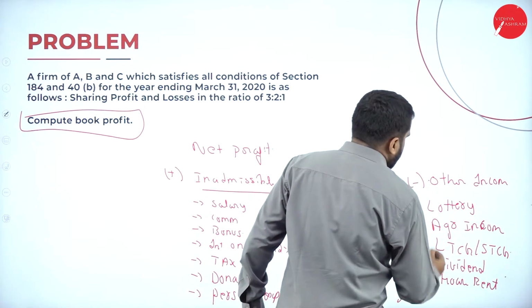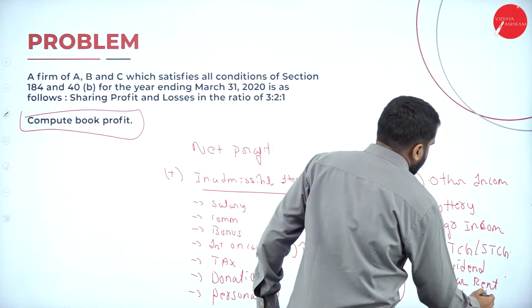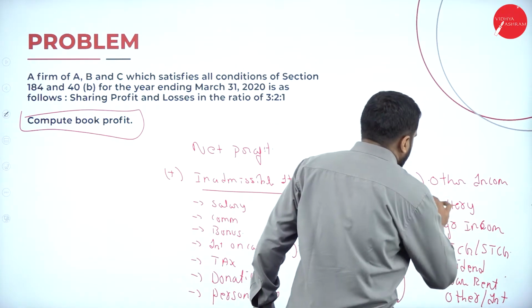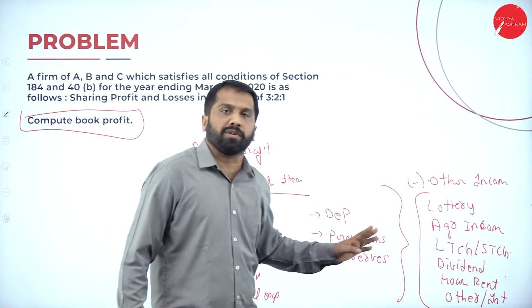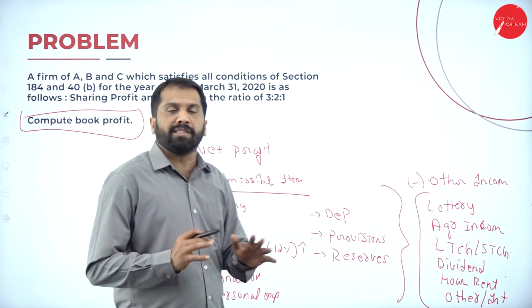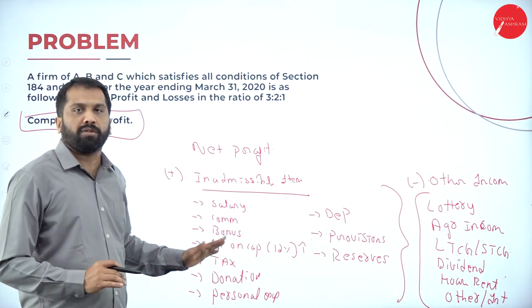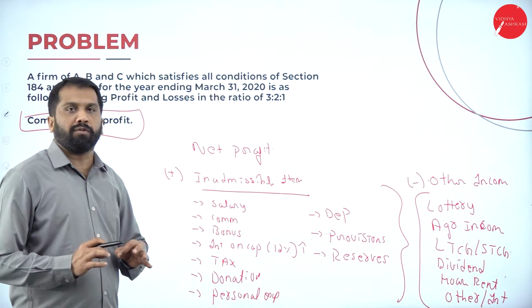Other than this, other sources like interest. All this comes under your other income. What we are supposed to do? We are supposed to minus all this. Remember this, you are done with your book profit. Hope you are clear. Up to this, we call it book profit.